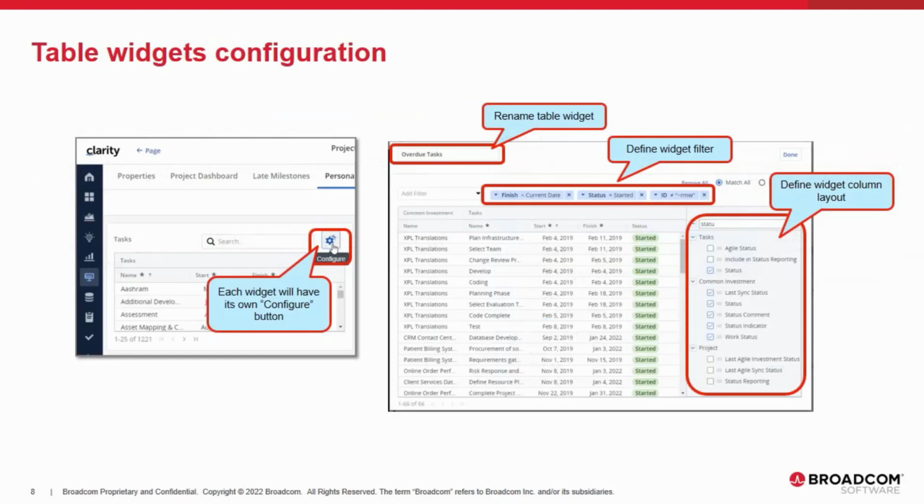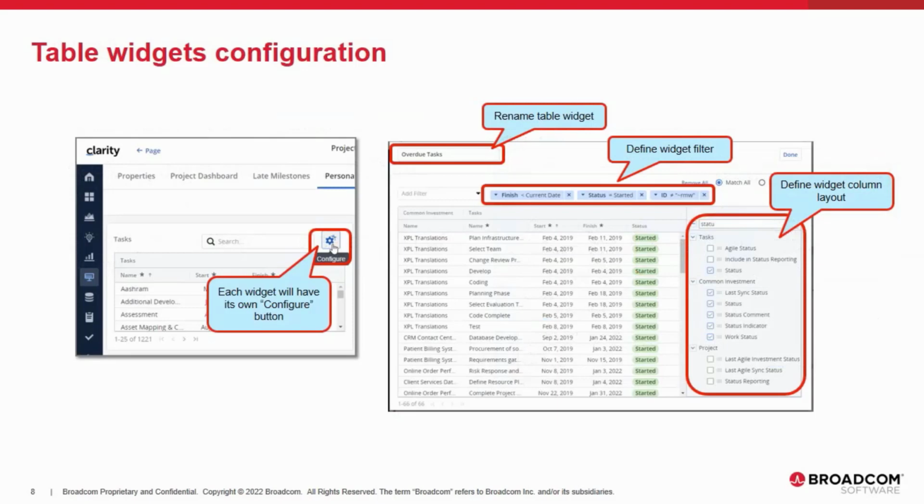To configure the table widgets, every table widget that is included in the canvas will have a configure button. Clicking on that configure button will open up a pop-up modal where the following changes can be done. The widget can be renamed to something that would make sense to the end user.